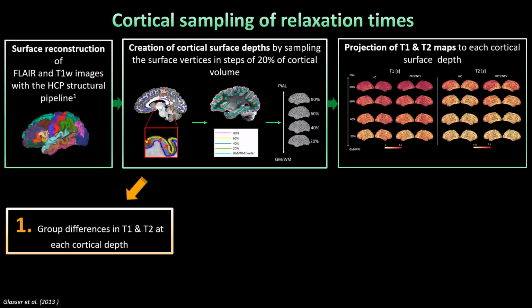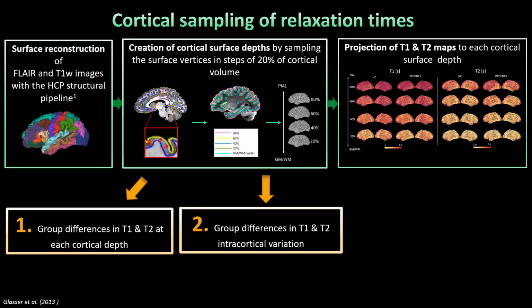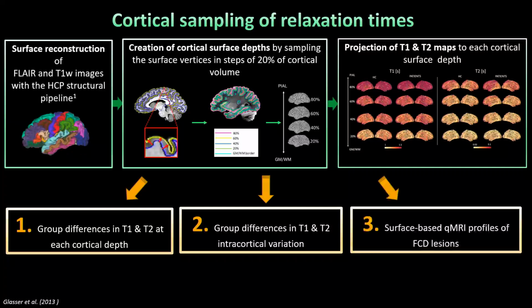The first was, we were interested in understanding more about the group differences at each cortical depth in T1 and T2. Then we were also interested in understanding intracortical variation in T1 and T2 as an indication of intracortical microstructural organization.